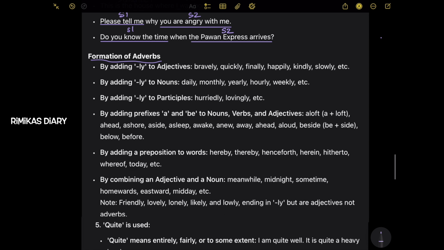Forming of adverbs by adding ly to adjectives. When you form adverbs from adjectives, you just need to add ly at the end. For example, brave is an adjective, and you could change it into an adverb by adding ly to it.